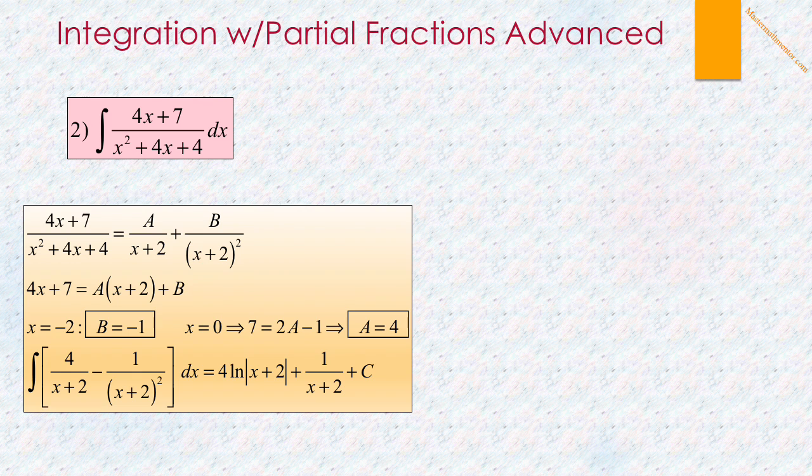So we write (4x + 7)/(x² + 4x + 4) with partial fractions as A/(x + 2) + B/(x + 2)².